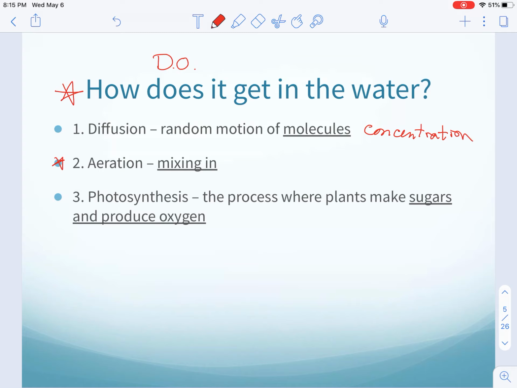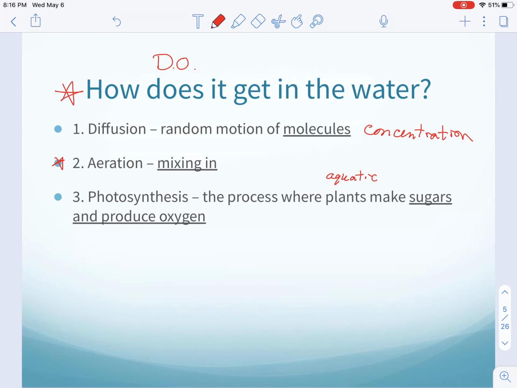We have aeration, which is simple mixing. Okay. You'll see what that means here in just a little bit. And then the obvious one is photosynthesis. The process where plants, even aquatic plants, producing a byproduct of oxygen through that process of photosynthesis.